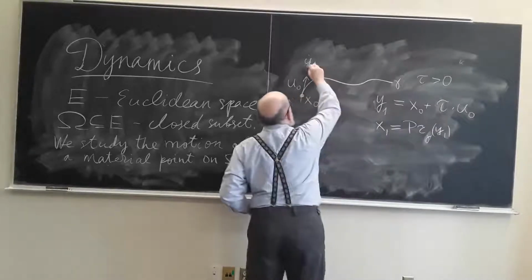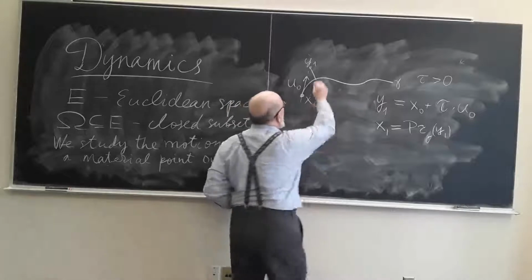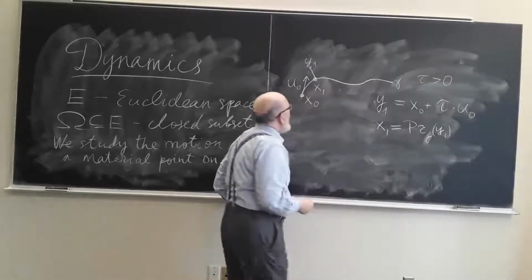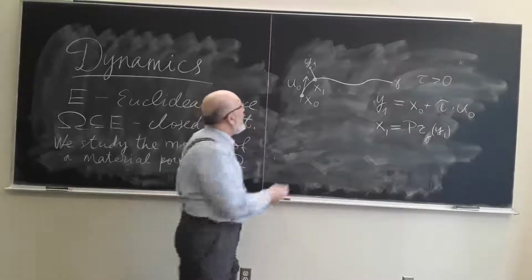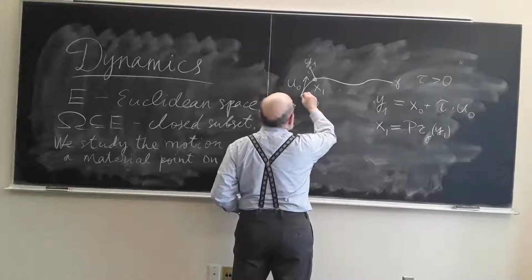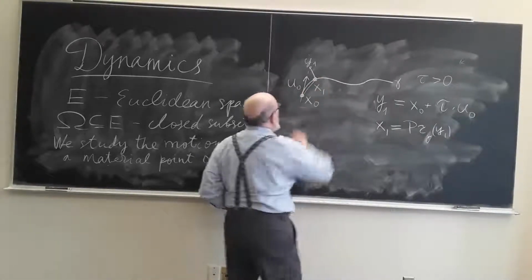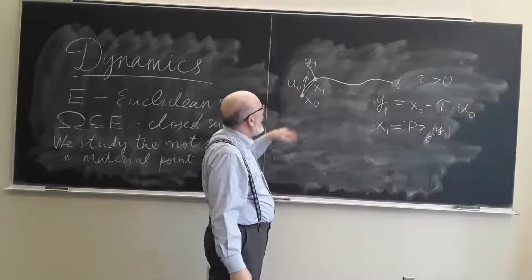What is a projection? It is the closest point, the nearest point. So this point is x1. So we have x0 and x1. Now we proceed as follows. We have 2 points, so the approximate velocity is the difference divided by tau.